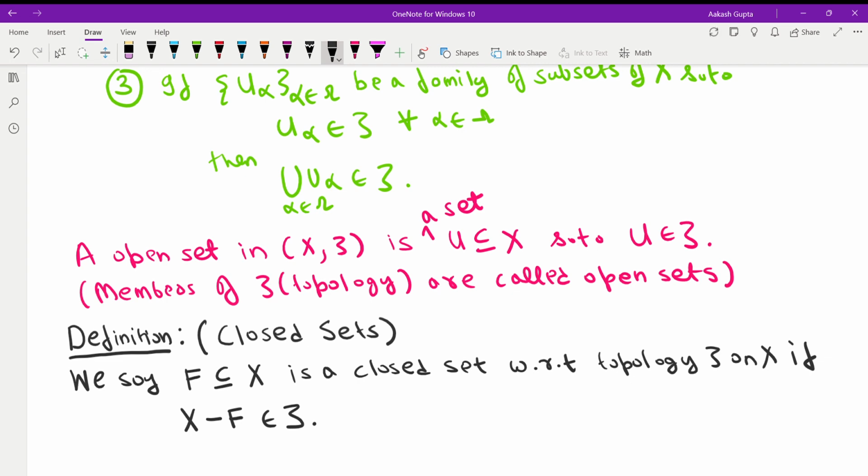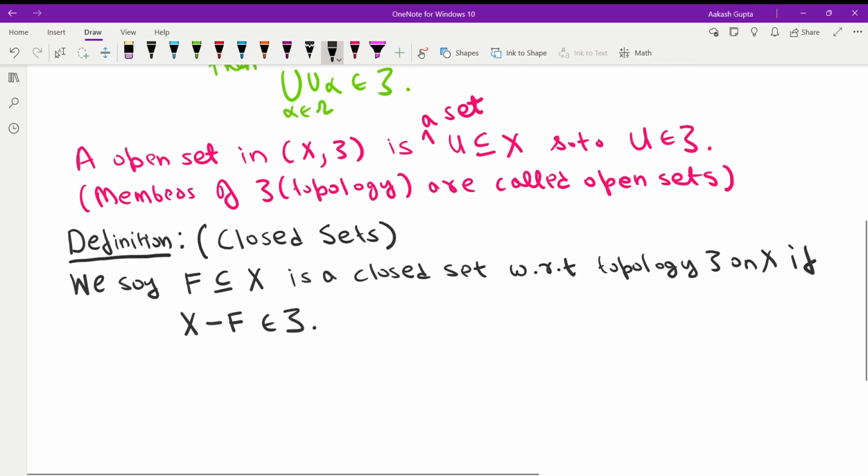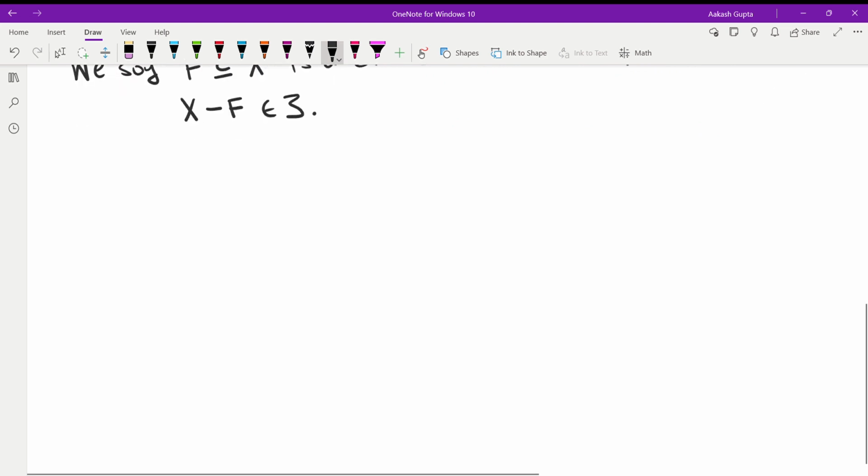Topological spaces is a big class. Of course, our motivation is metric spaces, as I stated in the last session. So some definitions will be motivated from that only. So this is the definition of closed sets in general in a topological space. Okay, good. So let me now begin with some examples.